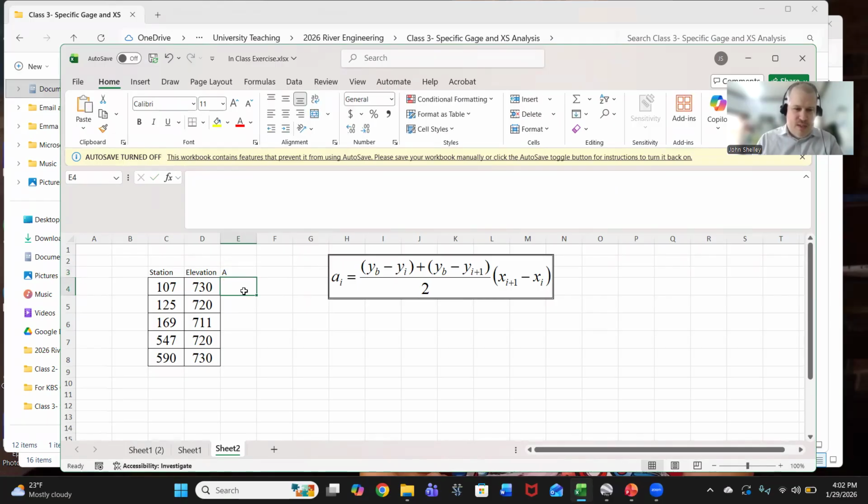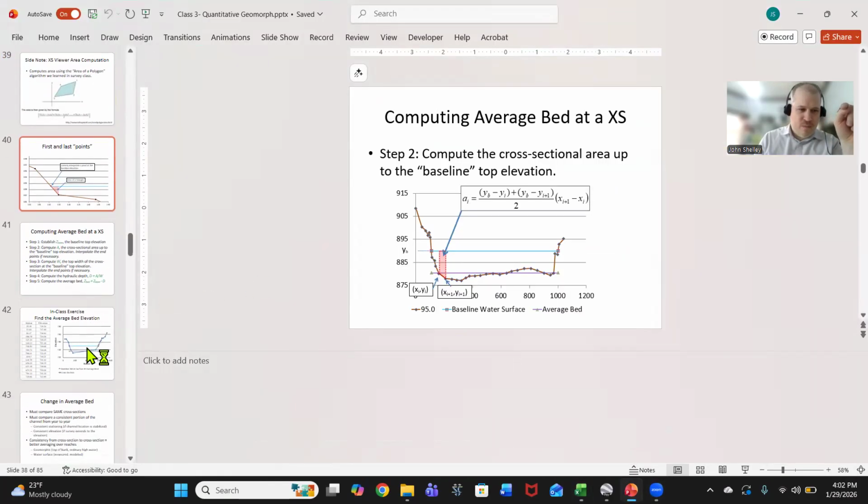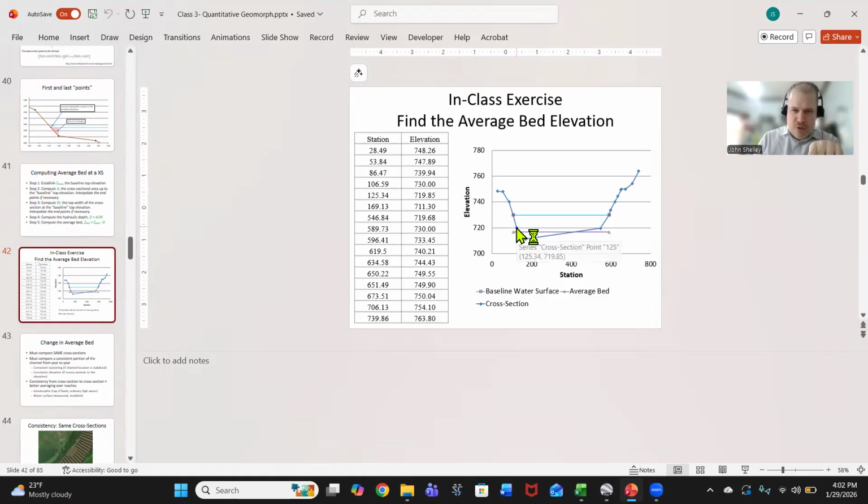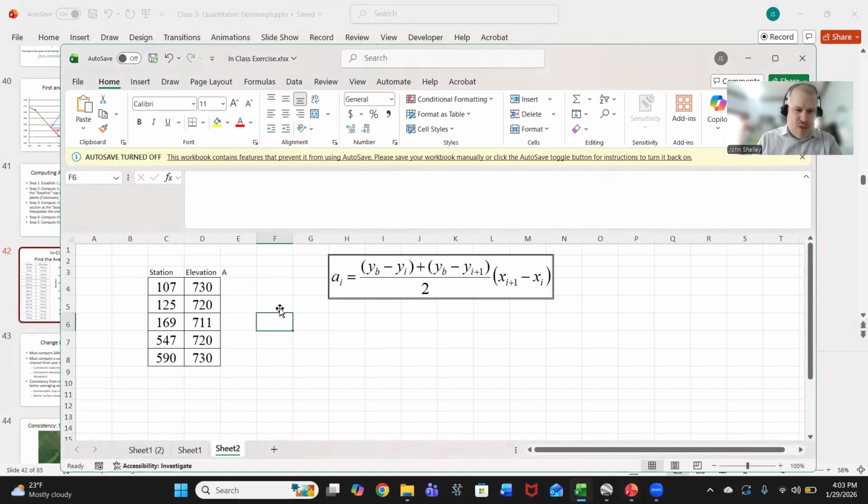Okay, so this was starting right at the point. Well, let's go back to the figure. So that first point to the next point is going to be a triangle, right? And then after that, we've got a couple of trapezoids, and then we end off with a triangle. So I am going to compute the area of a triangle equals, let's see, 1/2 times the base of the triangle times the height of the triangle.